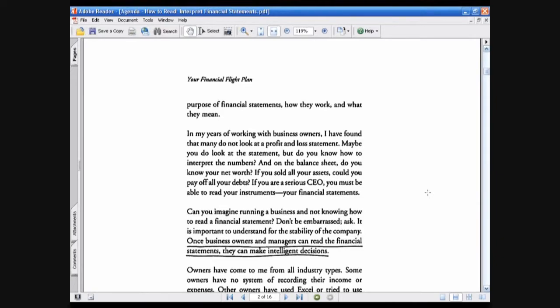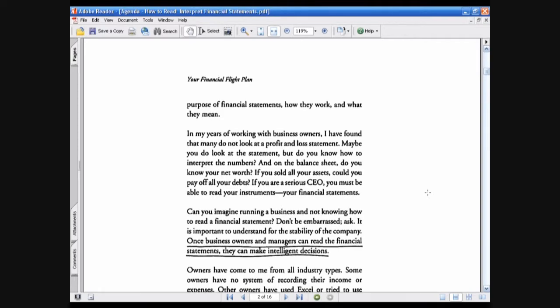In my years of working with business owners, I have found that many do not look at a profit and loss statement. Maybe you do look at the statement, but do you know how to interpret the numbers? And on the balance sheet, do you know your net worth? If you sold all your assets, could you pay off all your debts? If you are a serious CEO, you must be able to read your instruments, your financial statements.